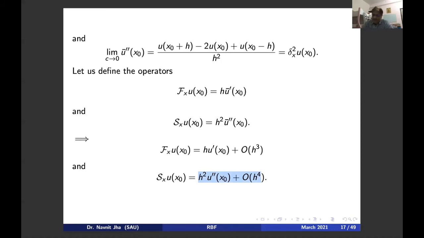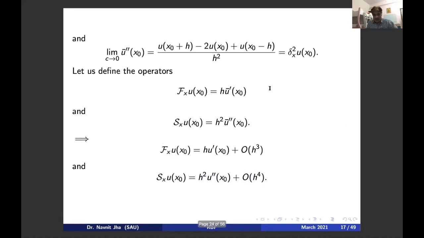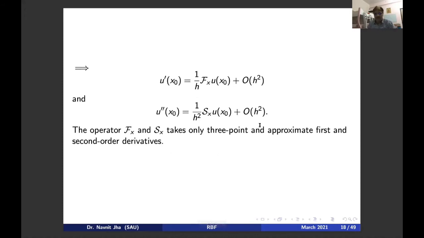So you basically have two equations, f of u equal to something, s of u equal to something. From these two equations, we will calculate the first derivative and second derivative. Just divide both sides by h and you will get this one, order h square, because in the previous slide it was order h cube. Dividing both sides by h square, it comes out to be order h square.